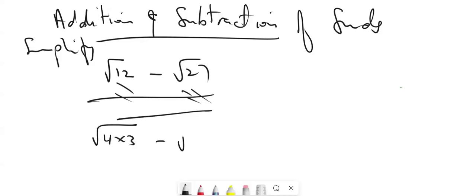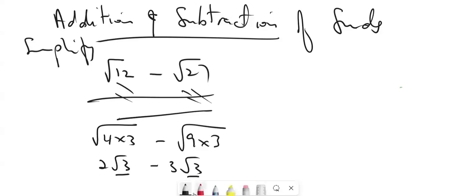What's this one? 24 is 4 by 6, hmm, 9 by 3 doesn't work; it should be 4 by 6. It seems to be heading somewhere. You'll get 2 root 3 minus 3 root 3, and yes, we have a common surd there. 2 minus 3 gives you minus 1 root 3. See? So you could simplify it.